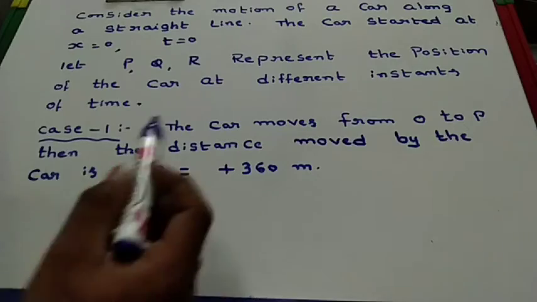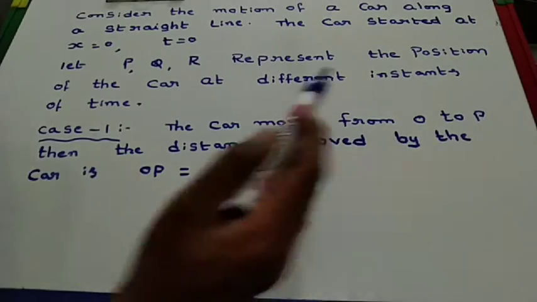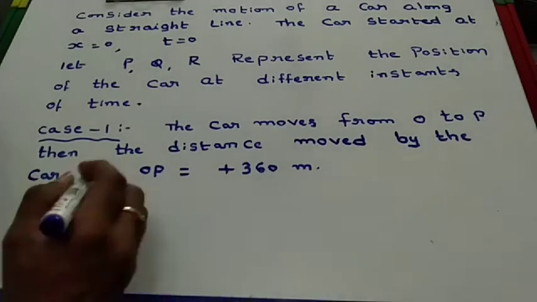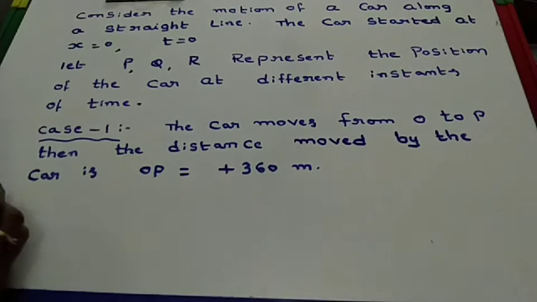Once again, the car moves from O to P. Then the distance moved by the car is OP, that is equal to 360 meters.